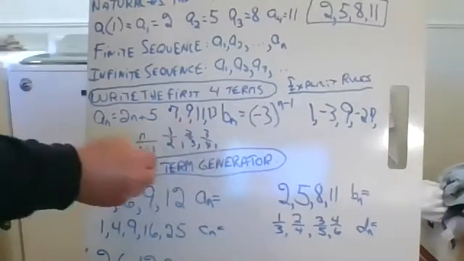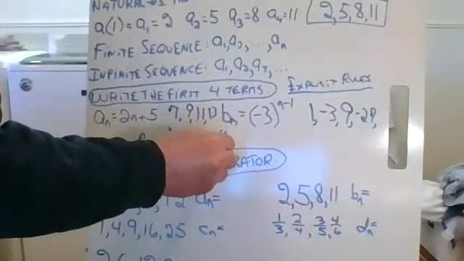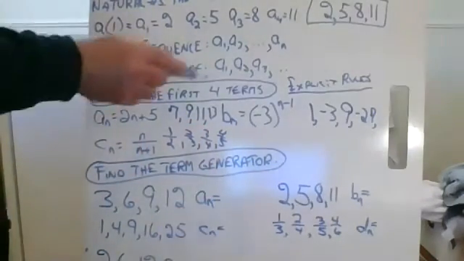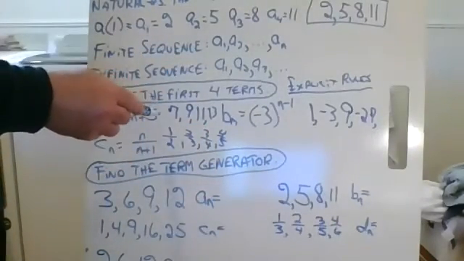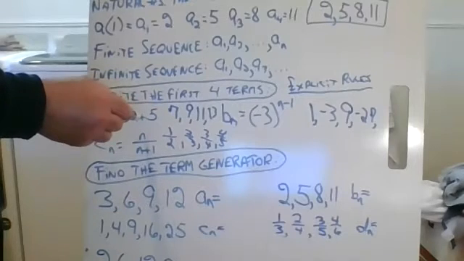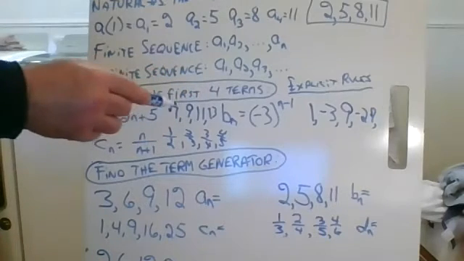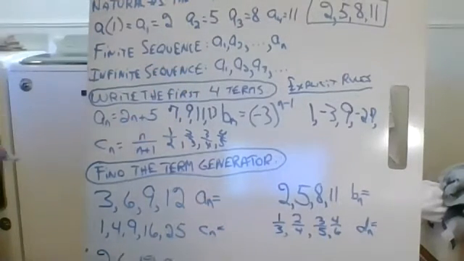And C sub 4? 4/5. All right? So there are two types of problems. And this is the first type. Given the function, given the term generator, generate the sequence. You're just putting in the natural numbers.